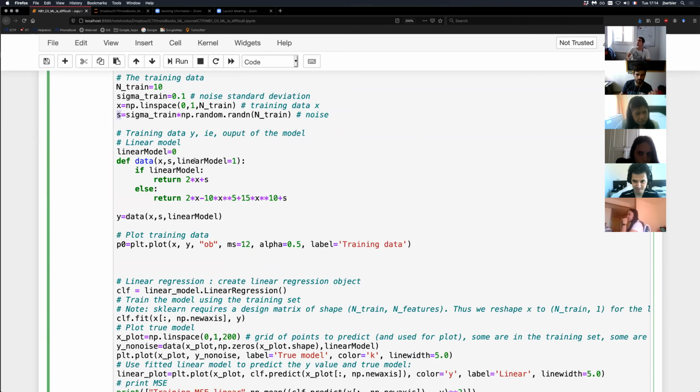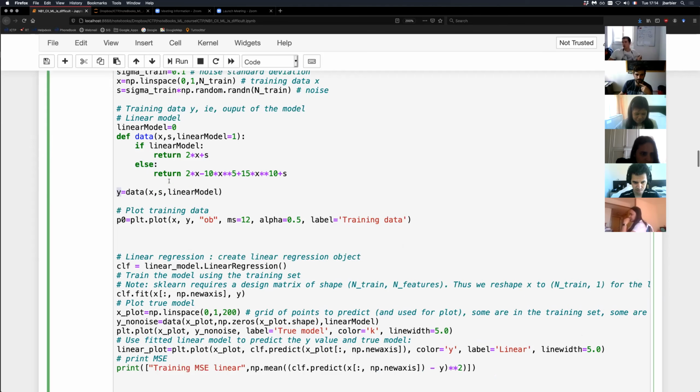You have to be able to read the lines of basic Python notebooks like this, okay? Here I'm defining the model, so how the true labels will be generated from the inputs. This is the linear model, and this is the 10th order polynomial. S is the noise. And here I obtain the data according to this model.